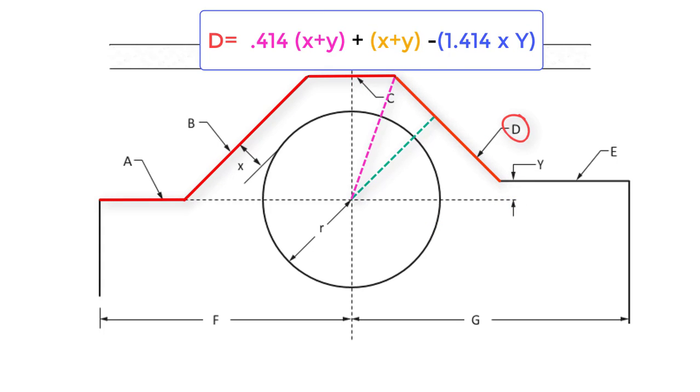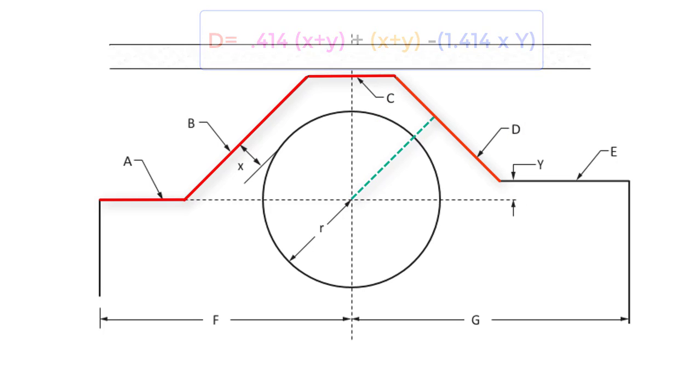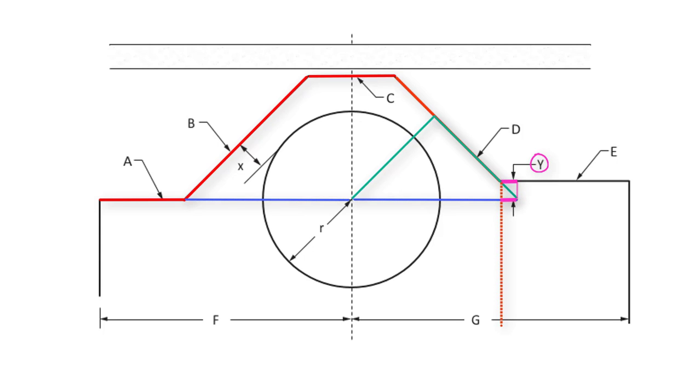And lastly, let's get length E. Remember, we calculated the hypotenuse of the secondary triangle previously when we were solving for A by multiplying the short side of the secondary triangle times 1.414. In this case though, we need to deduct the length of Y to get us to this point.